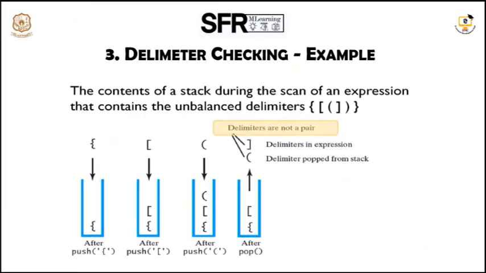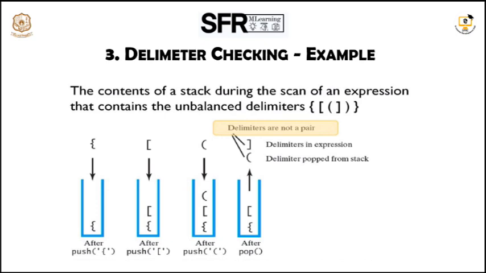So here consider an expression with unbalanced delimiters, that is curly brace, open square bracket, open parenthesis, then after that close square bracket, close parenthesis and close curly brace. Let us push the characters one by one to the stack. The first character is curly brace and the second character is square bracket.